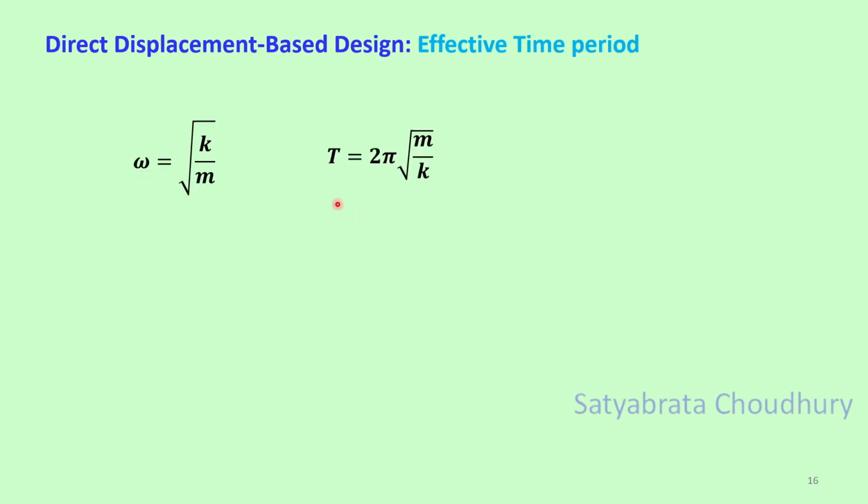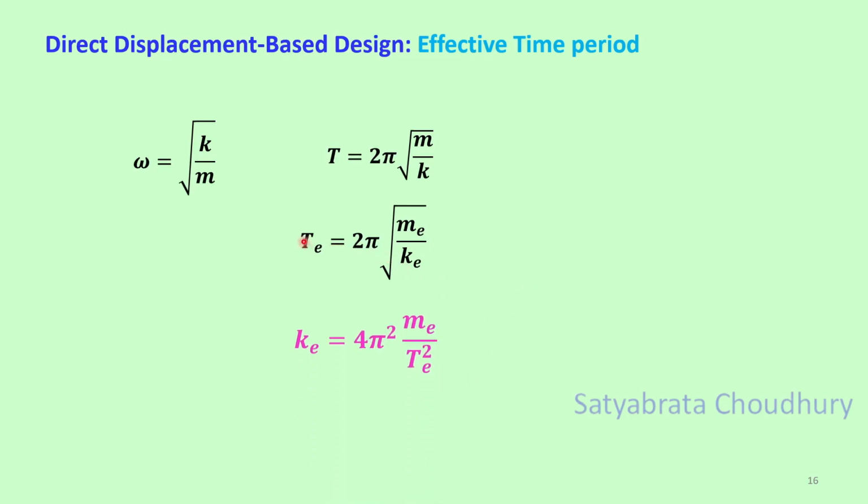So from that I can get the time period formula, T equal to 2 pi root of M by K. Now we have got familiarity with effective mass and effective stiffness, though effective stiffness we have not derived so far. So if I put the effective values here, the corresponding time period is the effective time period. So we have the effective time period equal to 2 pi root of M effective by K effective. This we shall be utilizing in our practical design.